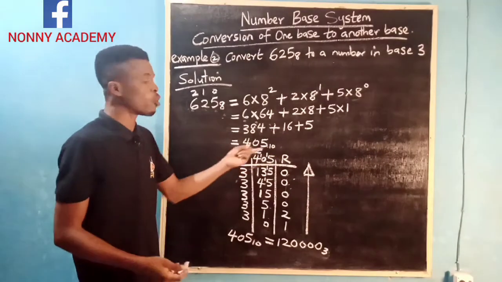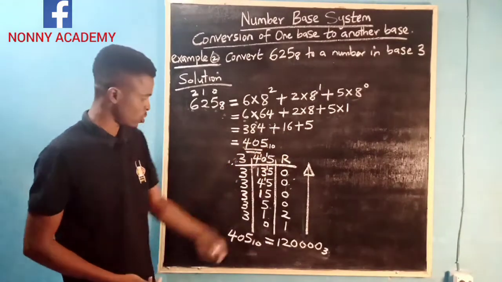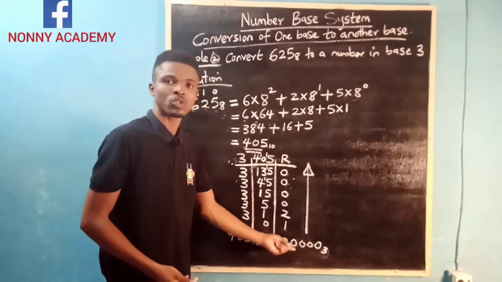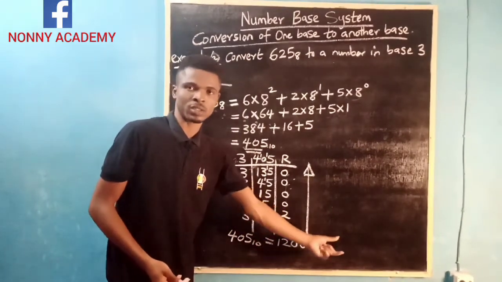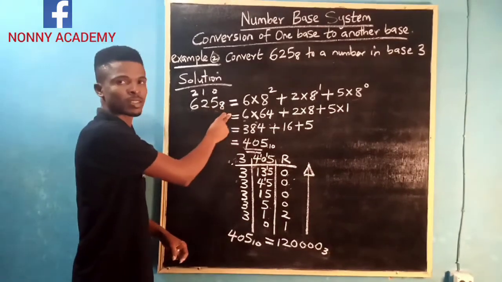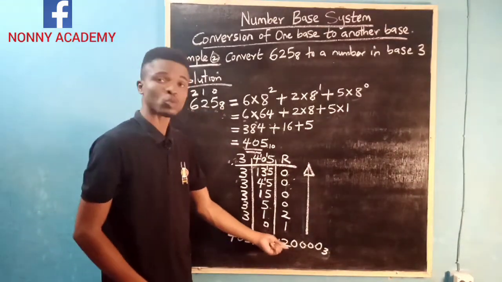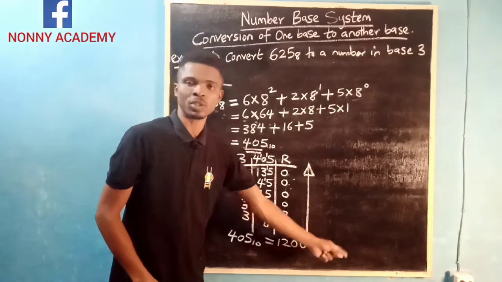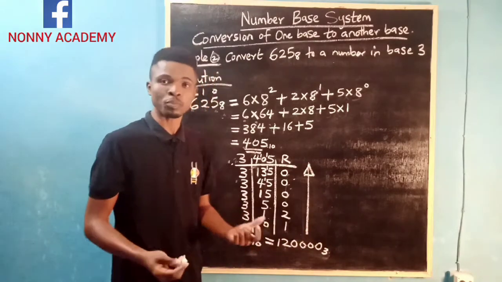Then converting 405 base 10 to base 3, we now have 120000 base 3. Then automatically 625 base 8 is equal to 120000 base 3.